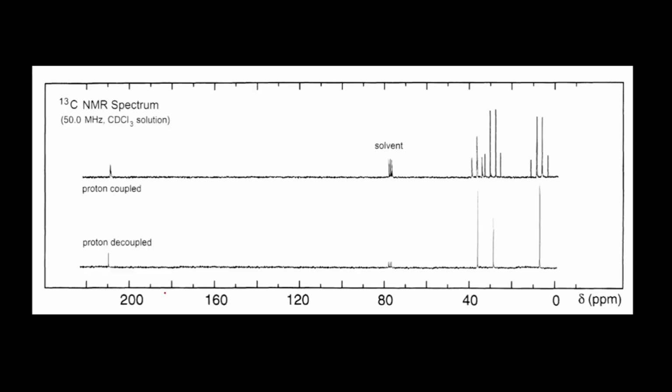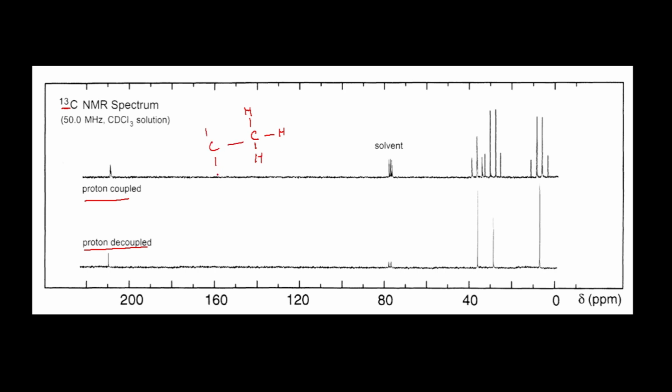And the second spectrum is the C-13 NMR spectrum, and two spectra are given in this. First is proton coupled, and the second is proton decoupled. The proton coupled spectrum tells you about the carbon atom as well as the attached protons. Let me explain with this structure.